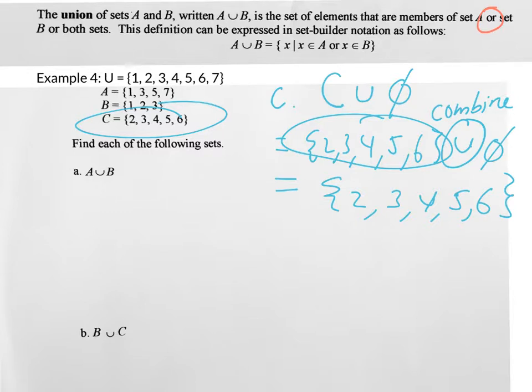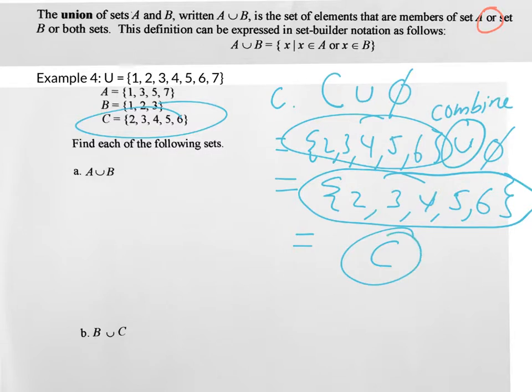Then it dominated the answer, but with a union, you can ignore the empty set. When you combine the sets together, you get back the other set, which happened to be set C. So we get back set C, or 2, 3, 4, 5, 6 again for the final answer to this extra part C that I just threw on this slide.